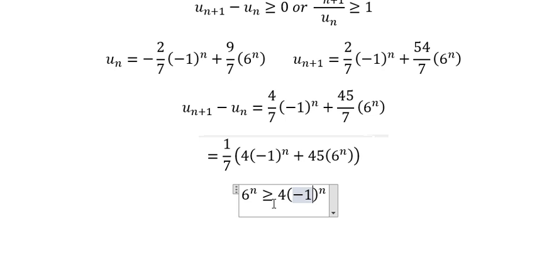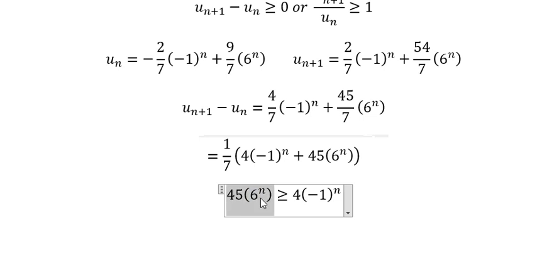If n is equal to 0, it works for n equal to 0. Let me just put 45 there so that we are very certain. Because if n is 0, the right hand side is 4 and the left hand side is 45, so it's perfect.